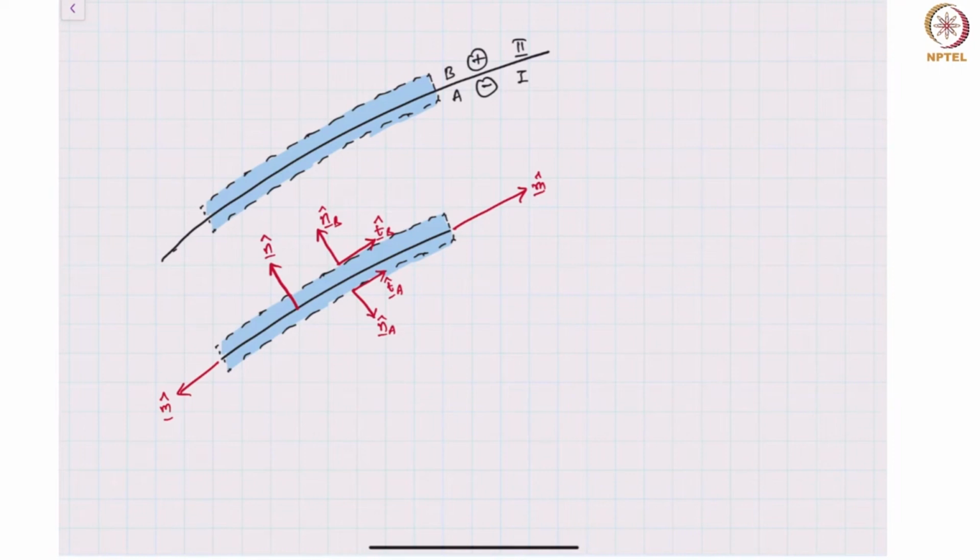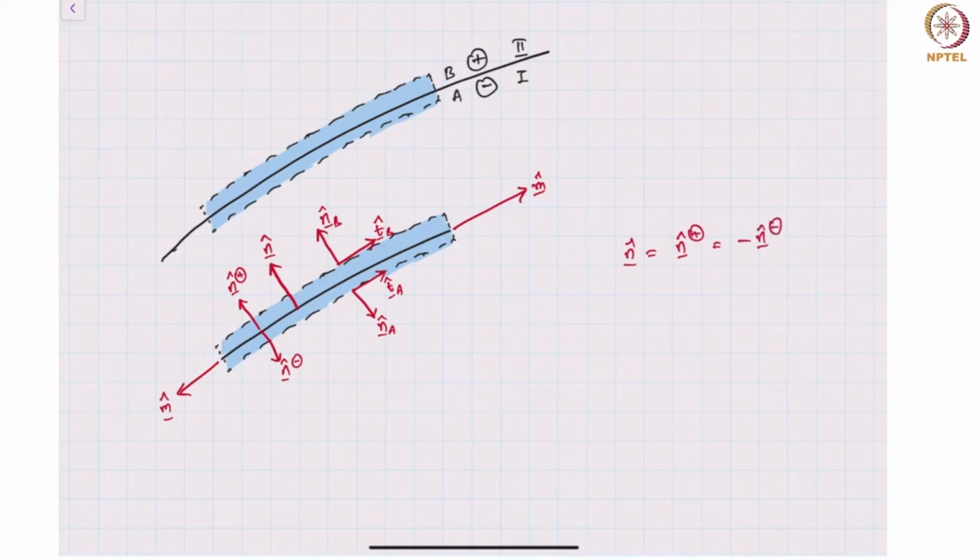And therefore, if I say this is NA, I could even have N minus, and this could be N plus. So clearly N plus is the negative of N minus.